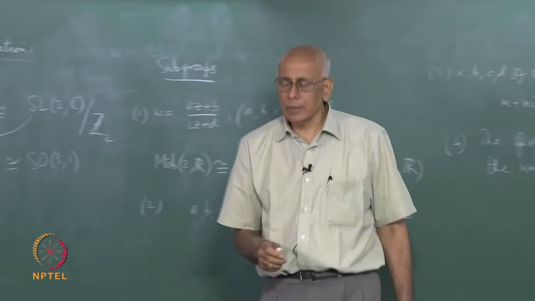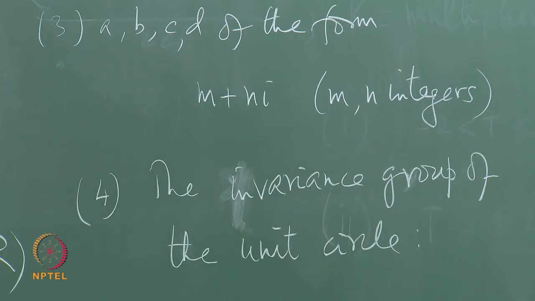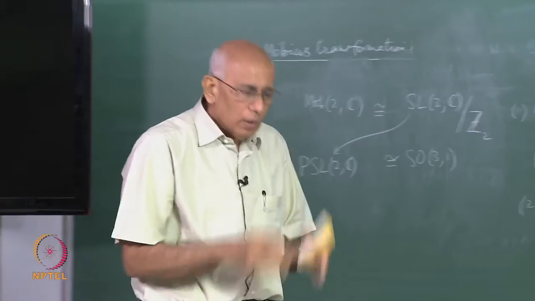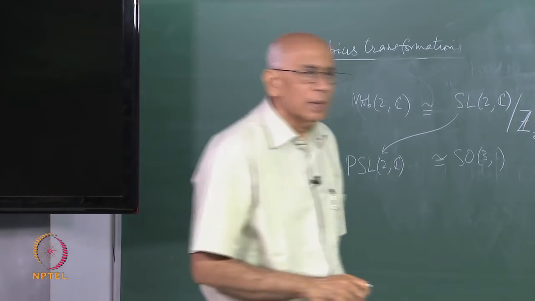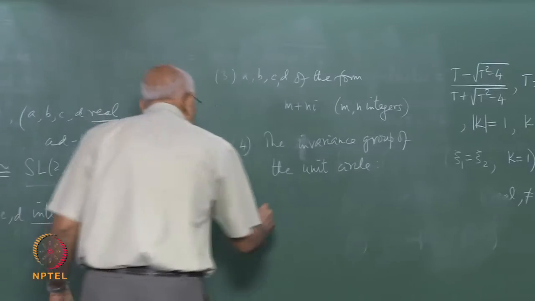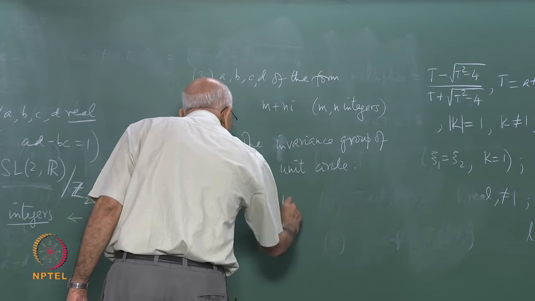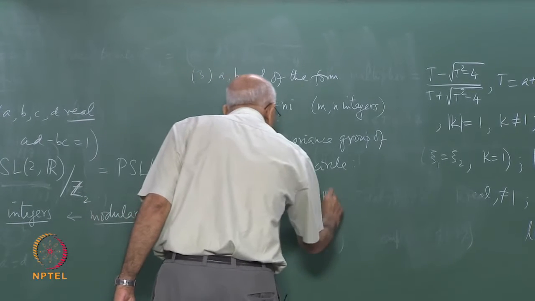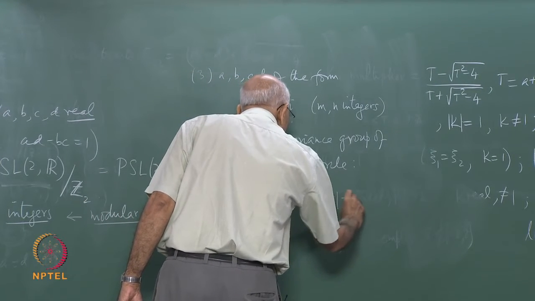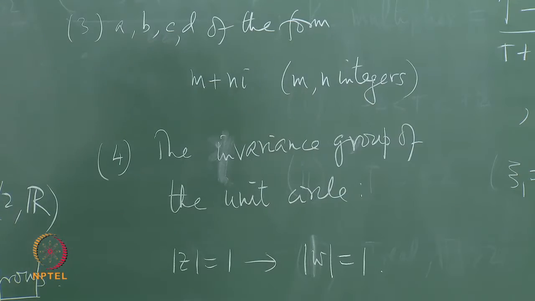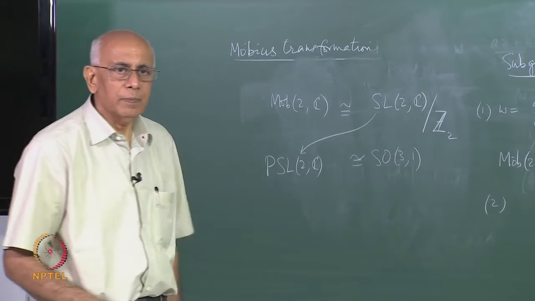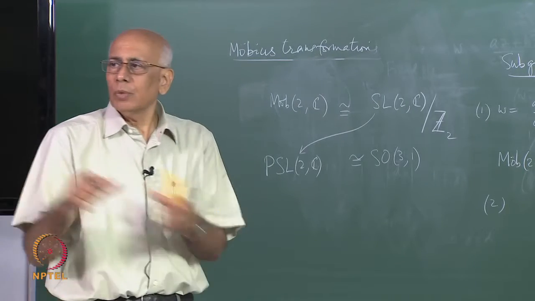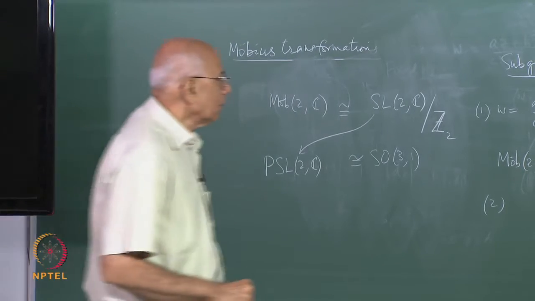In other words, you ask the question, what is that set of Möbius transformations which takes mod Z equal to 1 to mod W equal to 1. So under the map, mod Z equal to 1 should map onto mod W equal to 1. So the unit circle in the Z plane should map onto the unit circle in the W plane, or on the Riemann sphere the equator should map to the equator in this case.